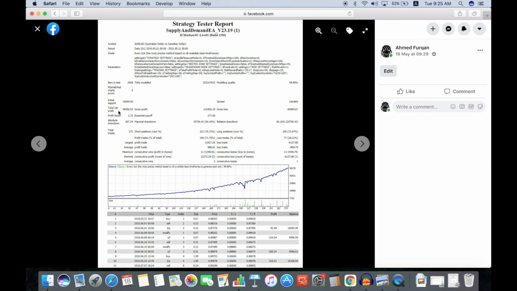Total net profit is $48,000, and you can see the maximum consecutive losses and everything. Total trades were 273 over the course of 10 years, which is a little bit more than the previous pair we checked. So you should know that this can go into this amount of drawdown, but at the end of the day, it will be booking you this amount of profit. So your balance should be able to sustain this drawdown and these losses.